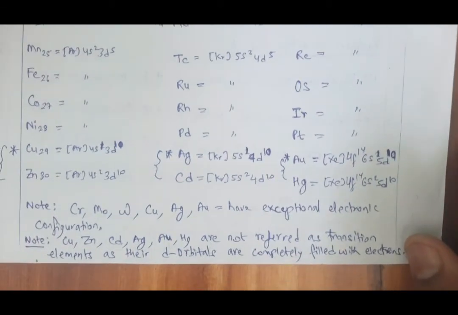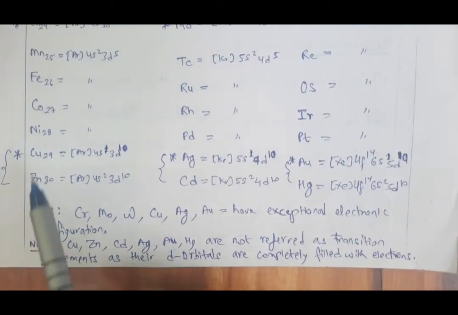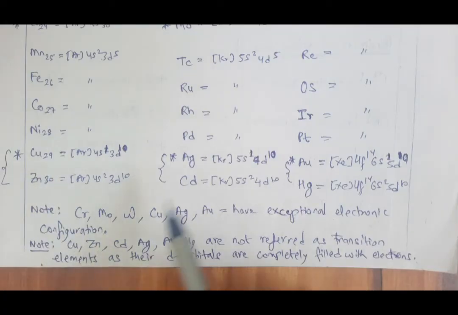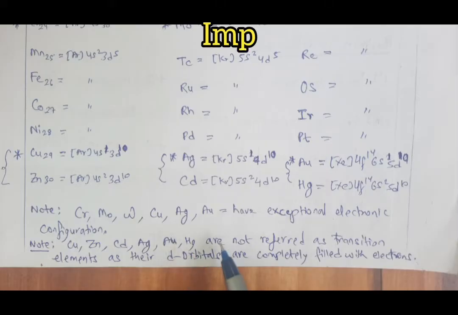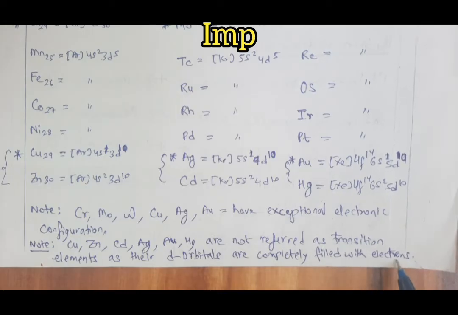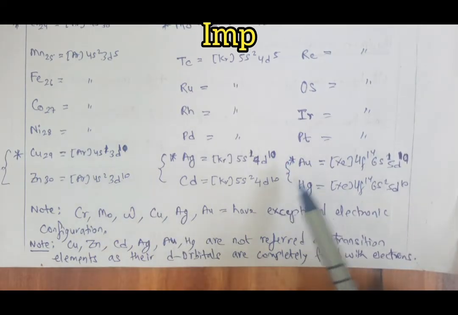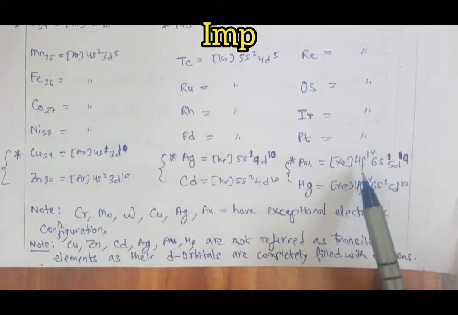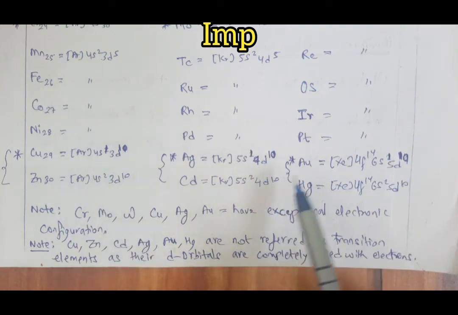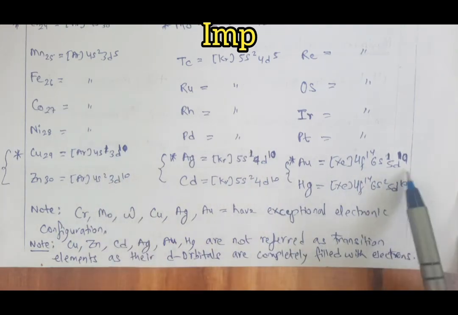So if you see out here, the second note, what I have written here: copper and zinc, silver and cadmium, gold and mercury are not referred to as transition elements. Why? As their d orbital is completely filled with electrons. d10, d10, d10, d10, d10, d10. To be a transition element, it should have 1 to 9, but not 10. But these bottom two elements, all of them have 10 electrons in d orbital, so they are not referred to as transition elements.